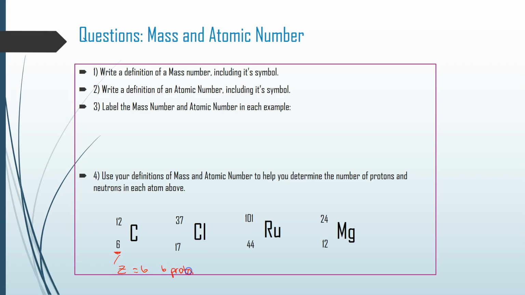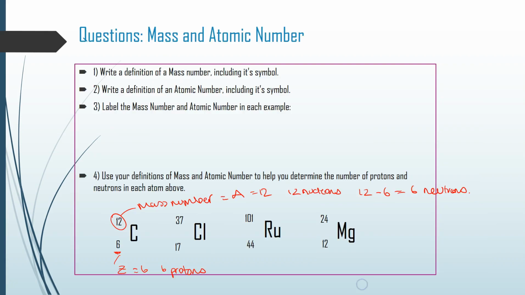And then the mass number, which is equal to A as our symbol, is equal to 12. So it has 12 mass number in total, so 12 nucleons. 6 are protons, so 12 minus 6 will give me 6 neutrons in this one here.